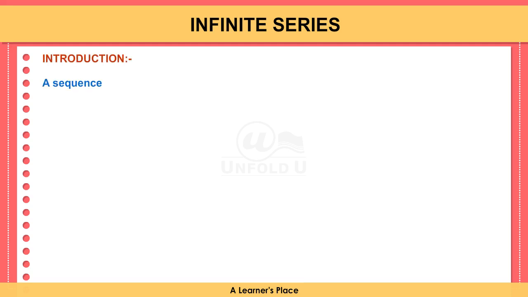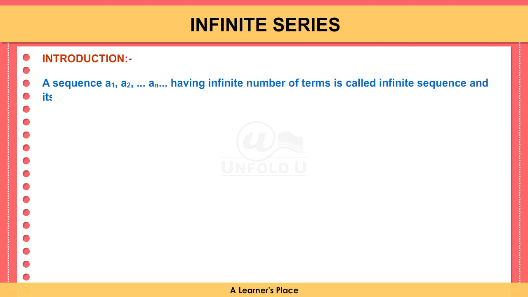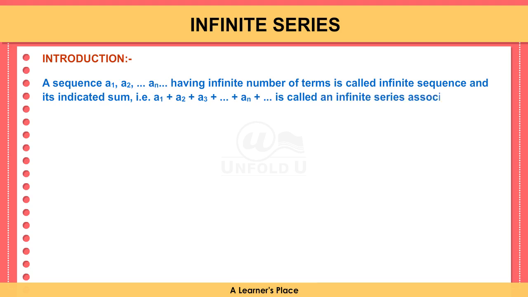A sequence a1, a2, and so on, an, and going on, having an infinite number of terms is called an infinite sequence. And its indicated sum, that is a1 plus a2 plus a3 plus so on plus an plus so on, is called an infinite series associated with the infinite sequence.